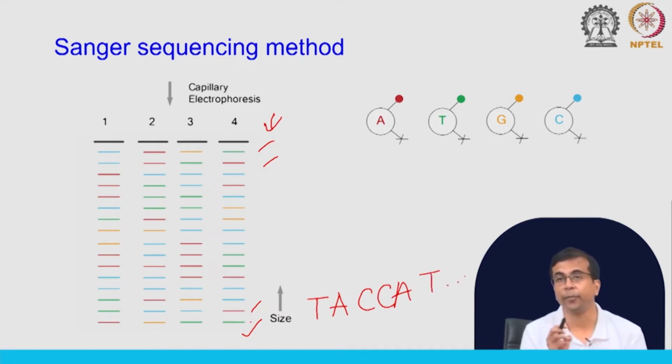For each lane we can now read this and figure out the sequence of these fragments, because these two neighboring fragments differ by just size 1, a 1 nucleotide difference, as there is nothing in between them. So this is how the sequencing is done, and we can now read the sequence from this process.